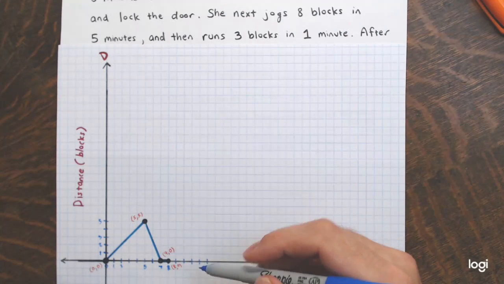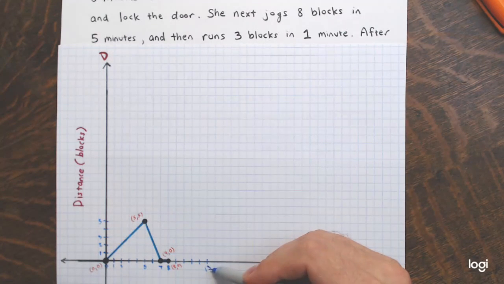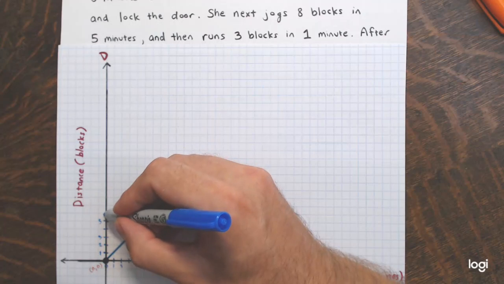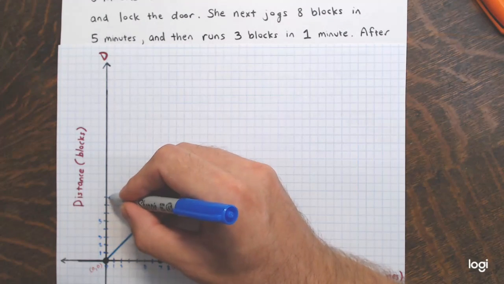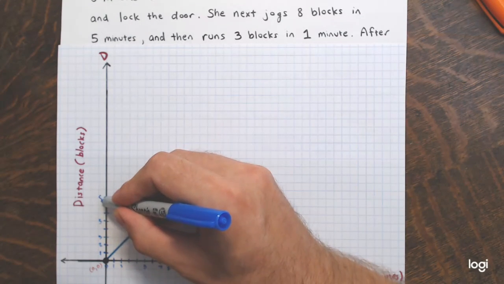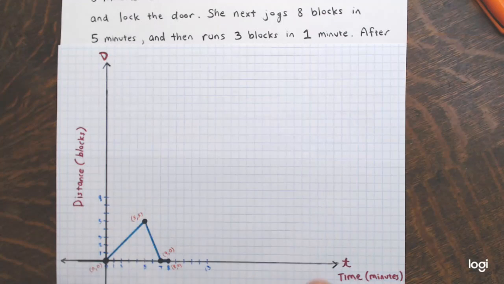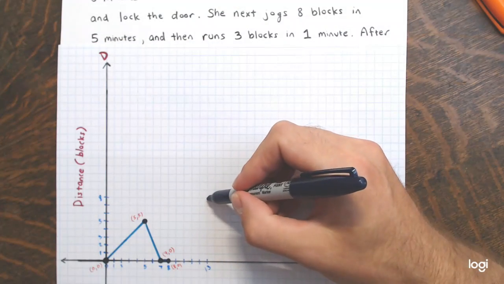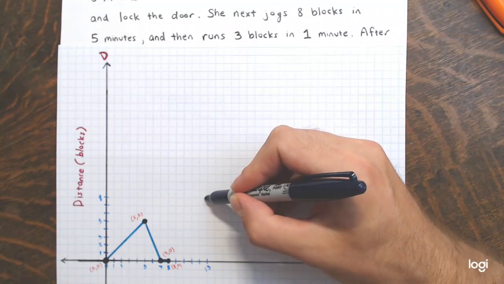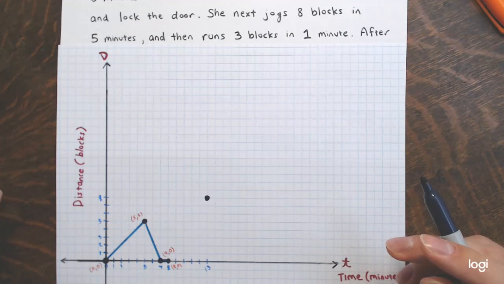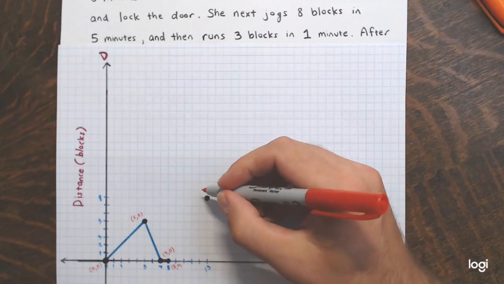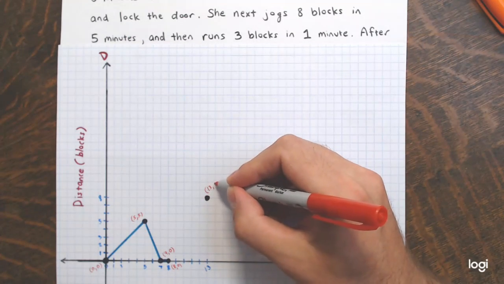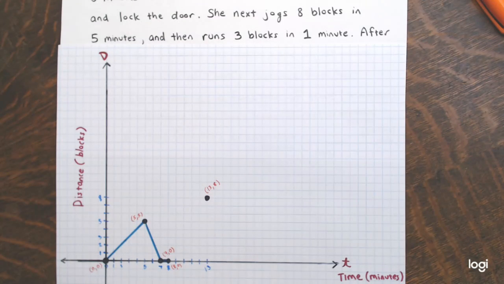So 5 minutes later, at the 13th minute, she is now 8 blocks away from her house. So we're up here to 8 on the vertical axis, distance. So I'm at this point here on the graph. So there's the point, 13 minutes, 8 blocks away, 13, 8.